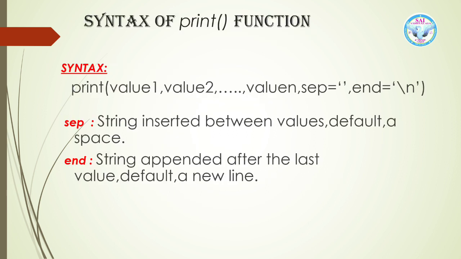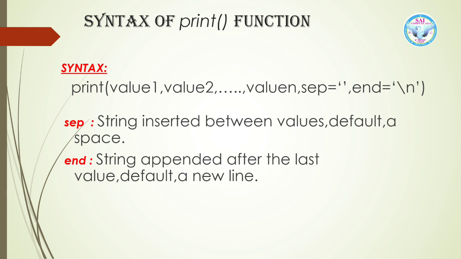That is what is mentioned here in the syntax: default space, sep is equal to, within quotation, any character or string inserted between values. By default means if you don't mention anything, it takes a space automatically as the separating character.